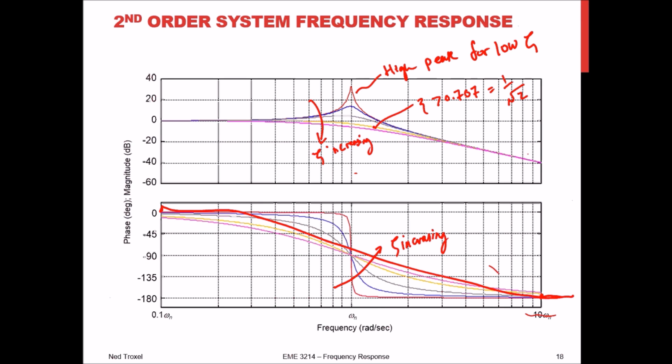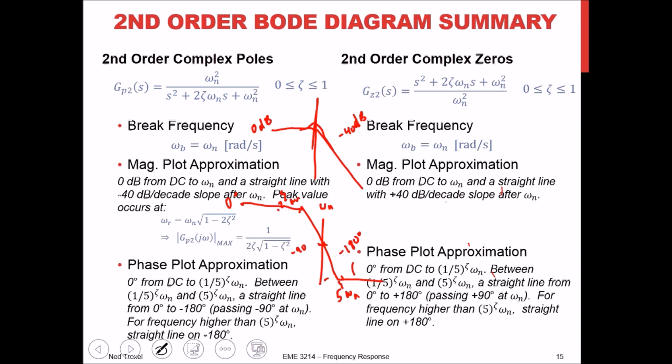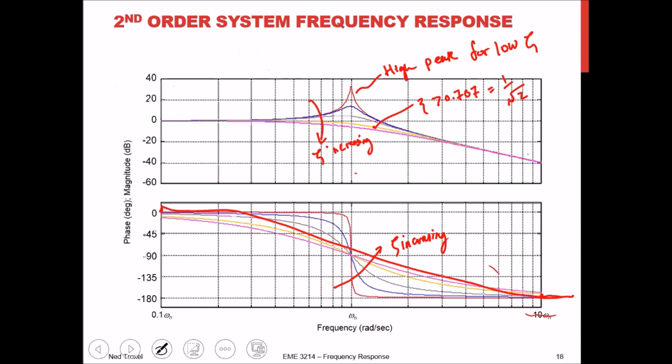And that's why for the approximation, we have it as a function of zeta. Okay, right here. That's the one frequency, that's the other frequency where you draw your plots. Okay. So what you'll see is that a higher damping ratio, a higher zeta, will always smooth out the magnitude plot, and it will smooth out the phase plot.